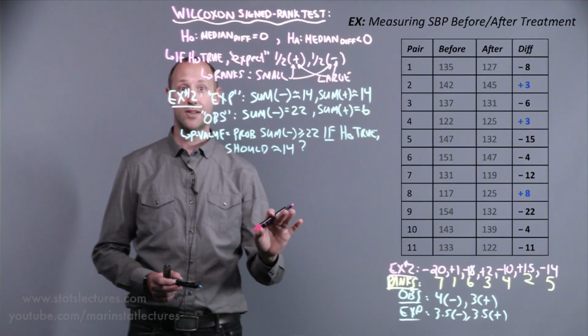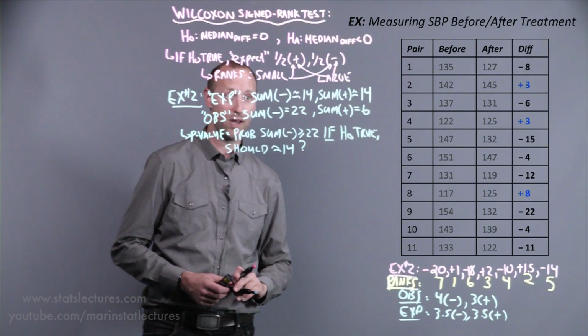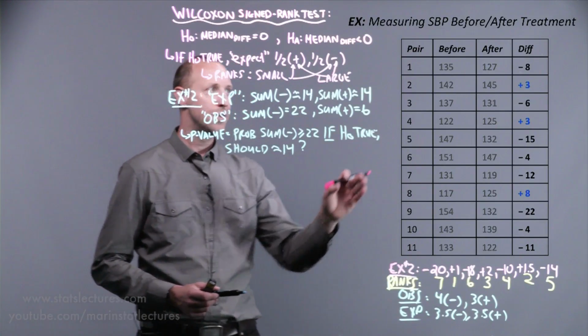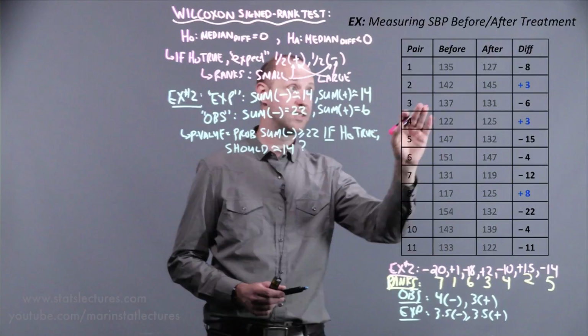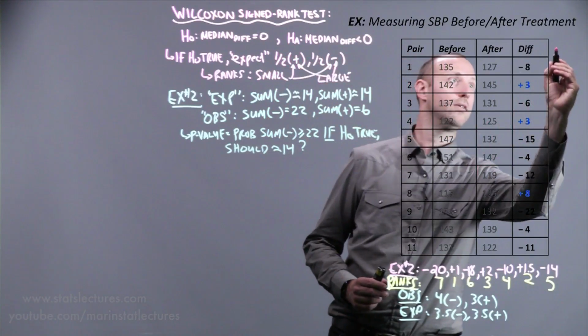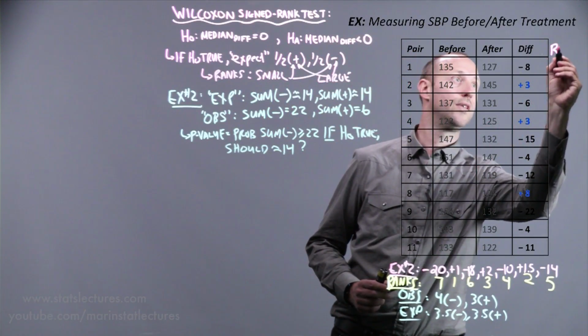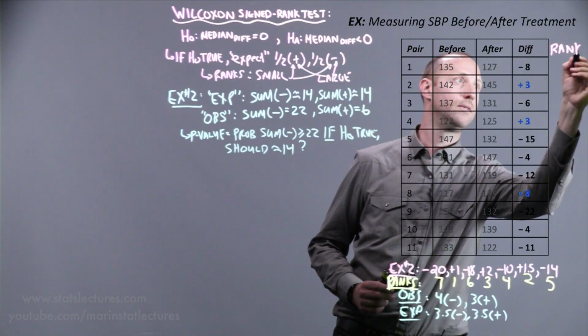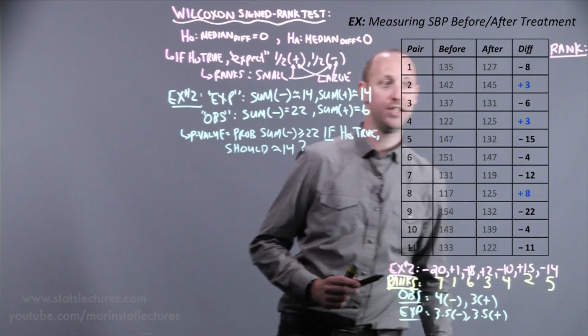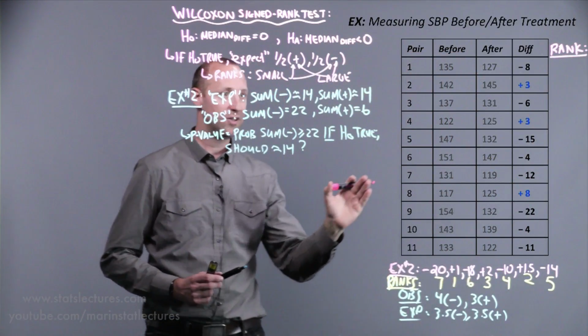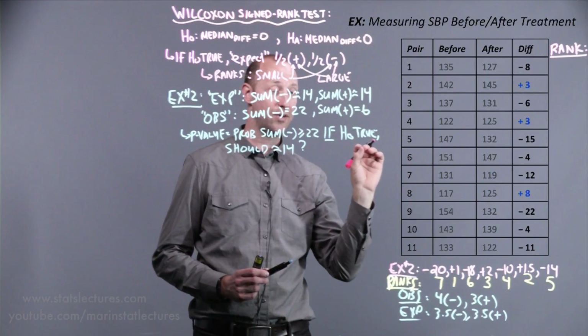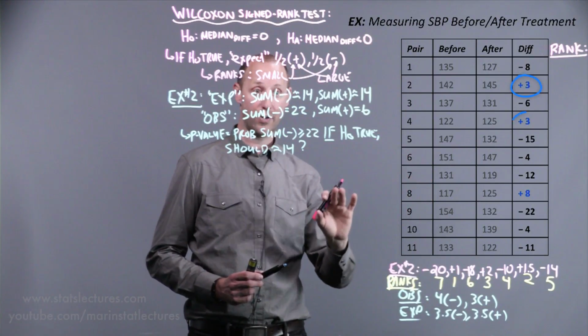Now, let's get to looking at the larger example we have here. We can see that we have all of these differences, and over here, if we include the rank, again, the rank of the absolute changes, if we take a look here, we're going to see that there's an increase of 3 and another increase of 3.